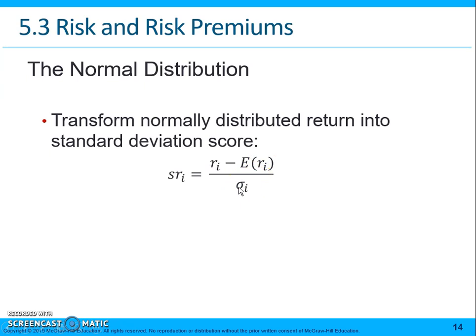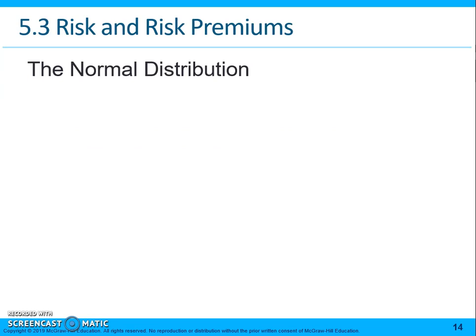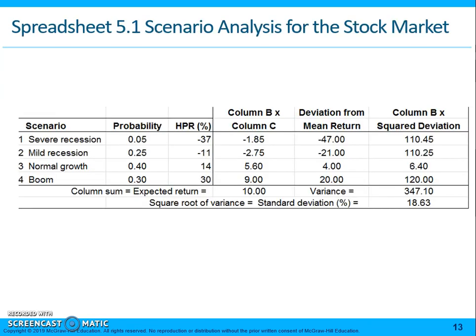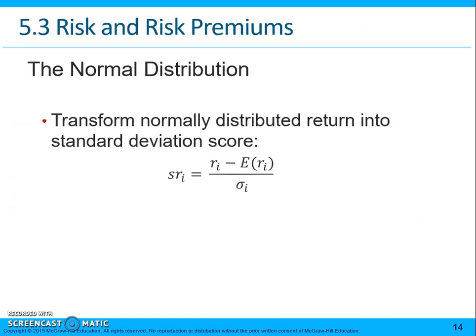So, for example, if we go back to our previous page, for the first one, this would be negative 37 minus 10 divided by our standard deviation of 18.63. That would give us our standard deviation score. So we could do that for each of the observations.